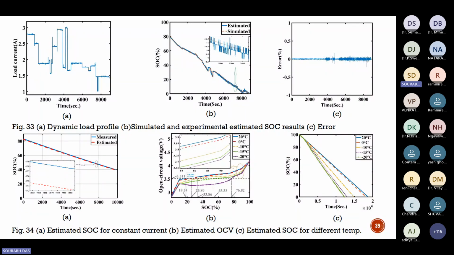For different temperatures, at 20 degrees centigrade it corresponds to approximately 20%, and for this 3.5 volt at minus 20 degrees centigrade, it is like 76.82 percent. So there is a huge misestimation of the SOC from the open circuit voltage of the battery.